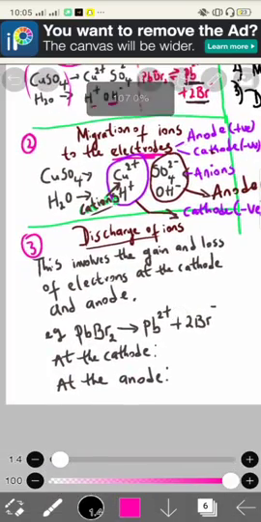And the third step now is that they are going to discharge their ions when they get to their electrode. So now, discharging of ions involves the gain and loss of electrons at the cathode and anode.